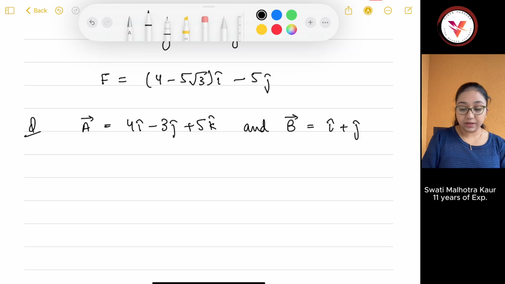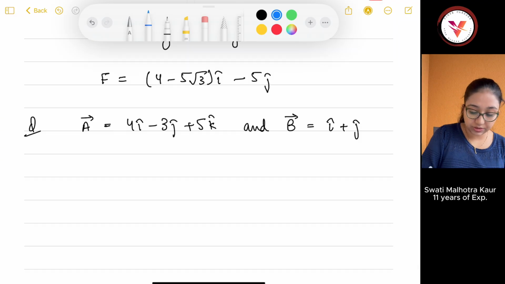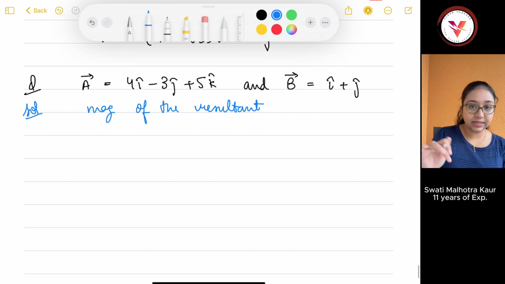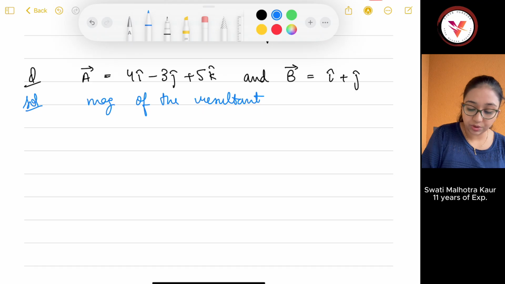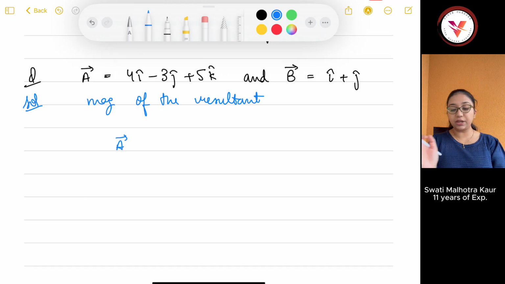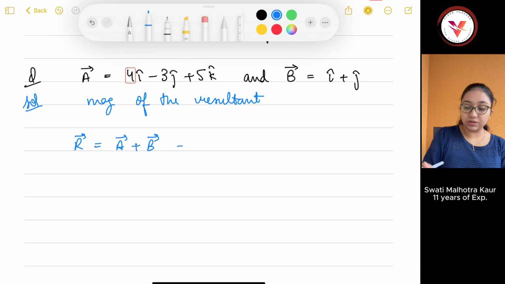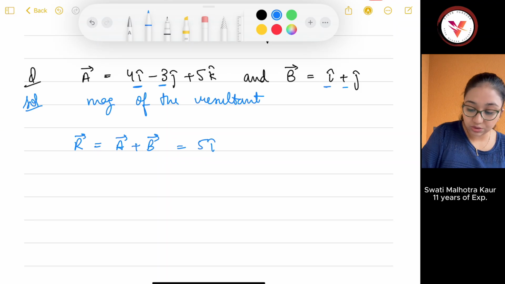And if they ask the magnitude of the resultant, now you can add them component wise and then get the magnitude by taking the square of each component, or you can get the magnitude of individual ones. So you can simply get this resultant, which is 4i cap plus 1i cap, it is 5i cap, and minus 3j cap plus 1 is minus 2j cap, and it is plus 5k cap.